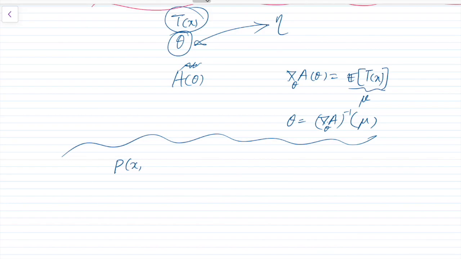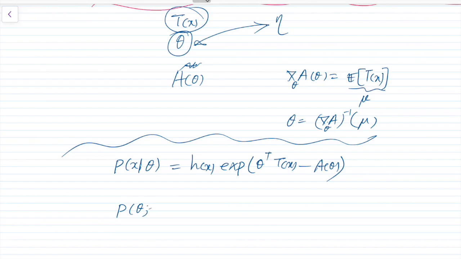So p(x | theta) is coming from, looks like, exponential family. So now let's assume that theta is also coming from an exponential family, but we are going to assume a specific form for this. Let's say that theta has the following form.